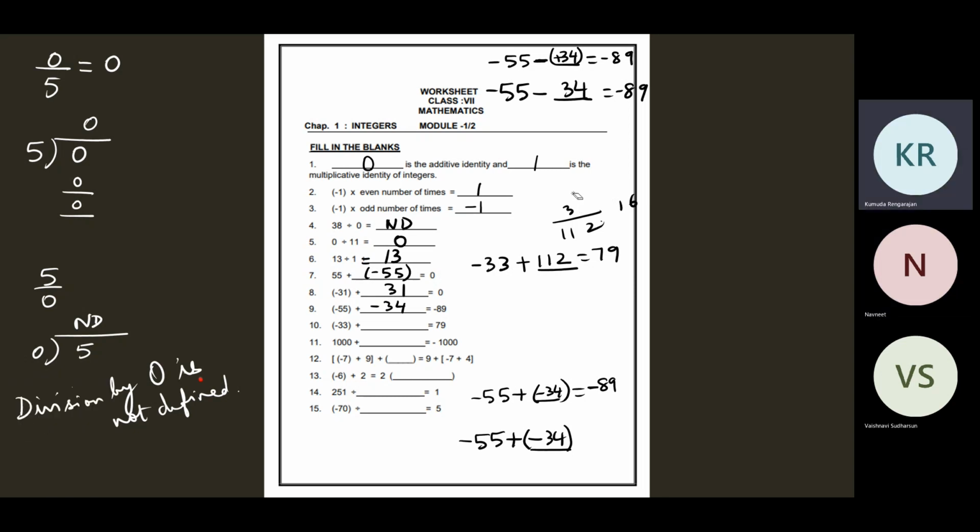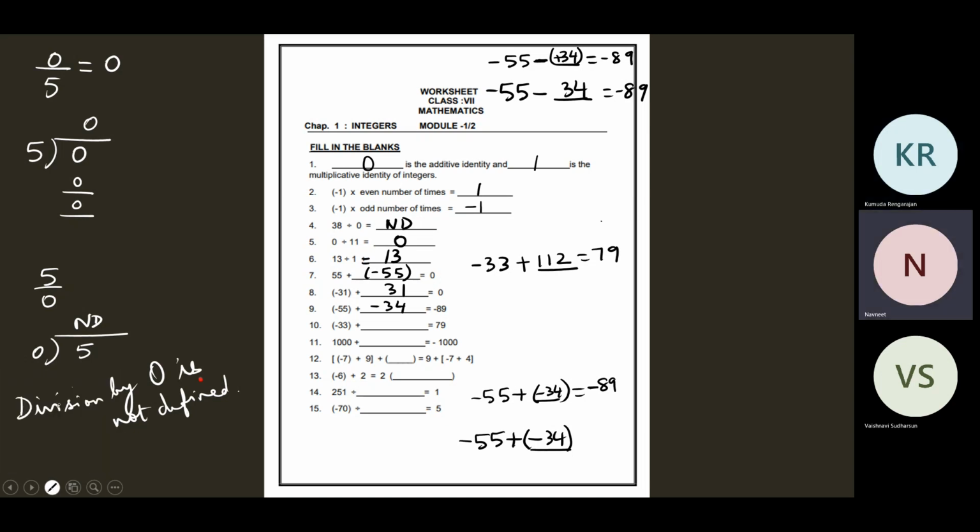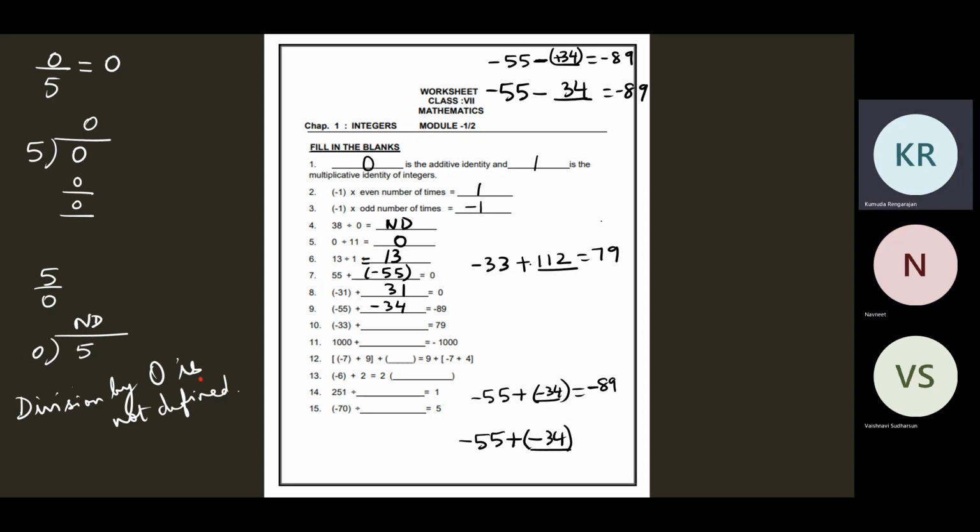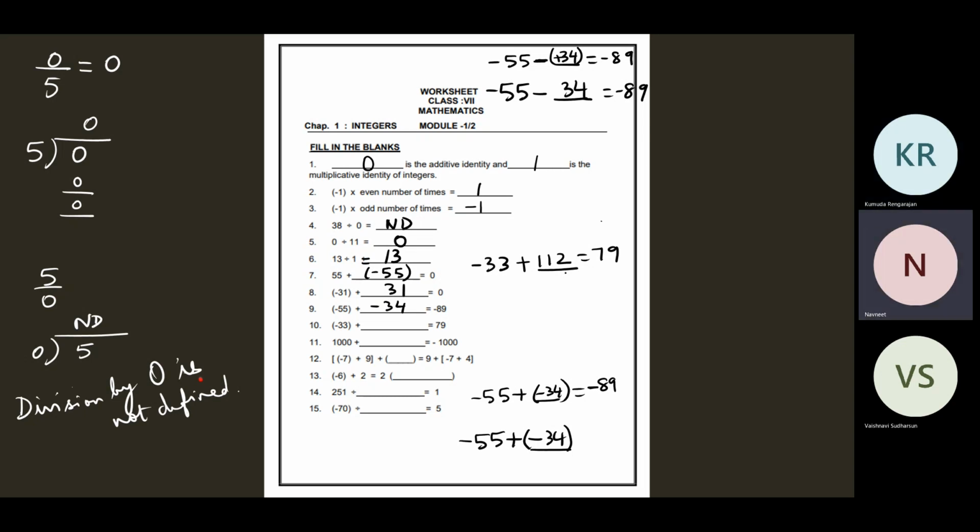Very good, Anirudh. So you said positive 112, right, Anirudh? Yes, ma'am. Very good. You're right. Because with different signs we need to subtract and put the sign of the greater number. So this is 112.